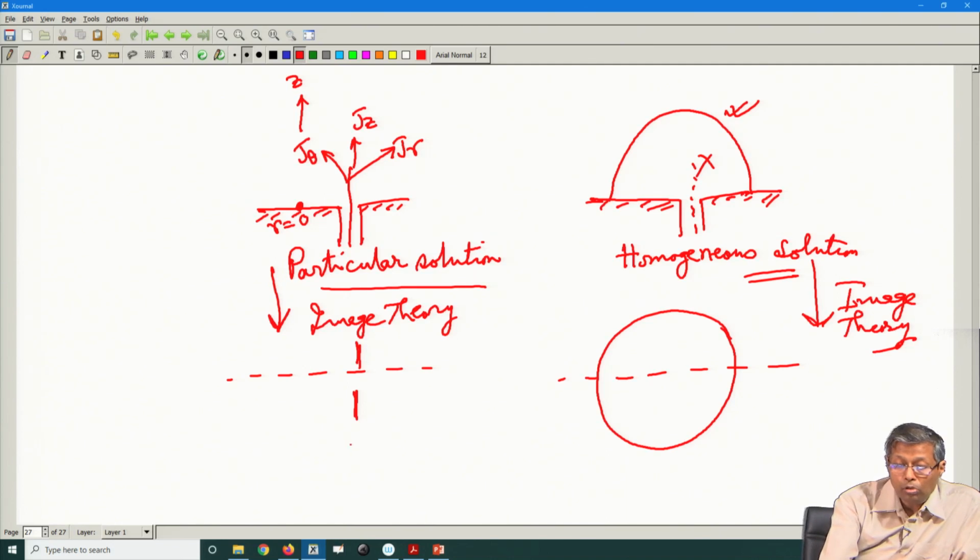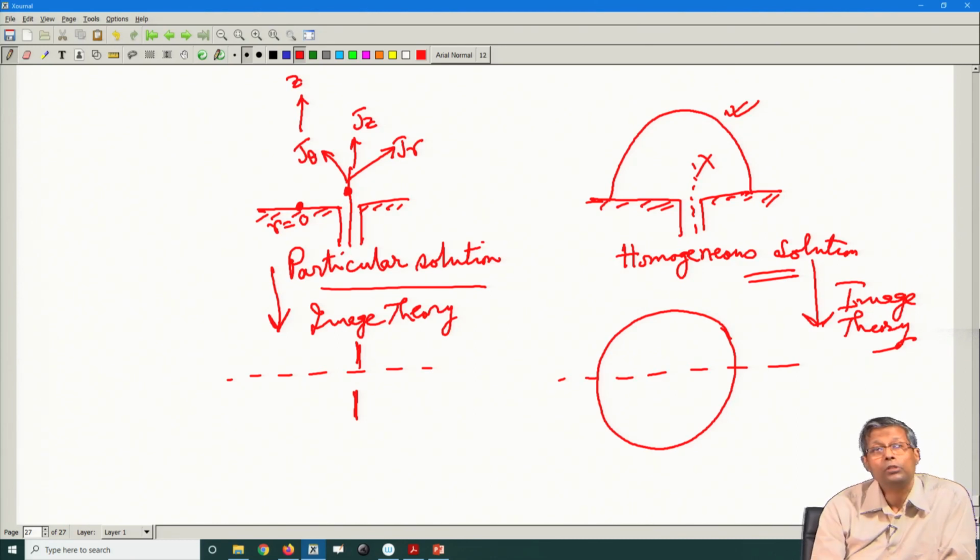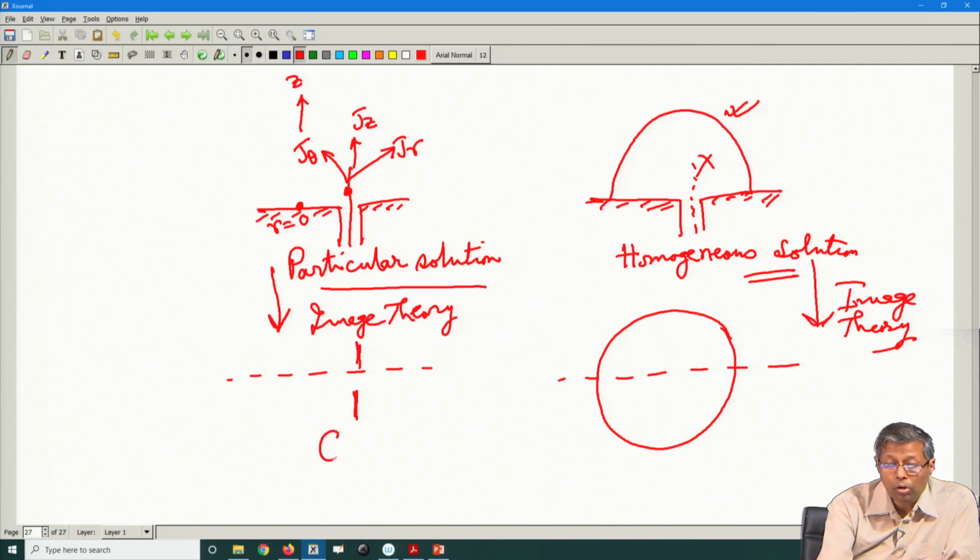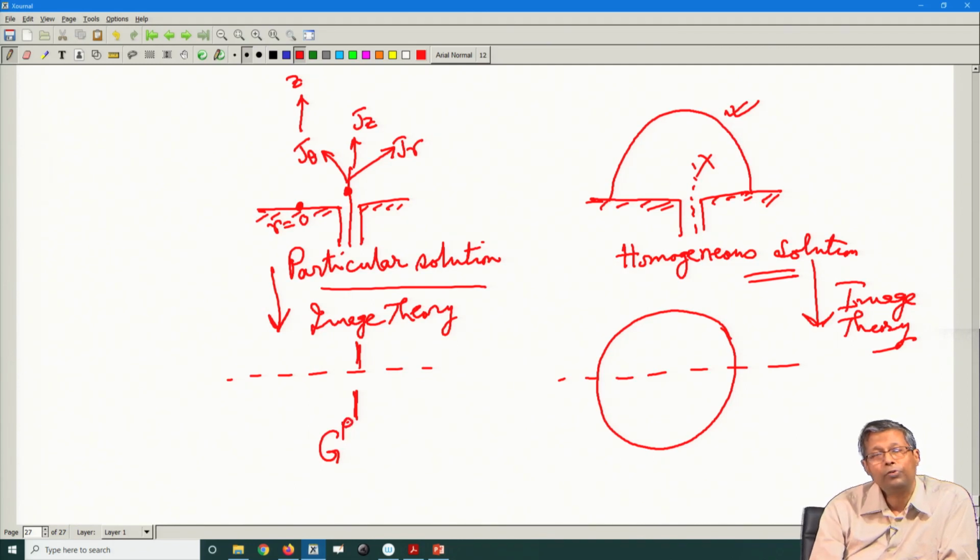So, the particular solution is the response of the source here to this probe, which is considered as a boundary. That response is encompassed, or the information is contained, in the particular Green's function named Gp.